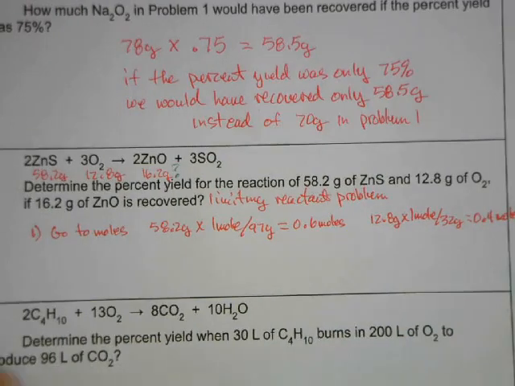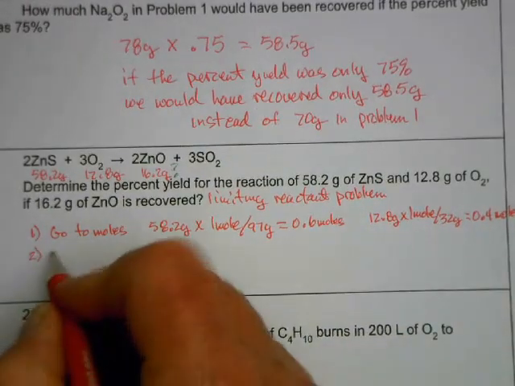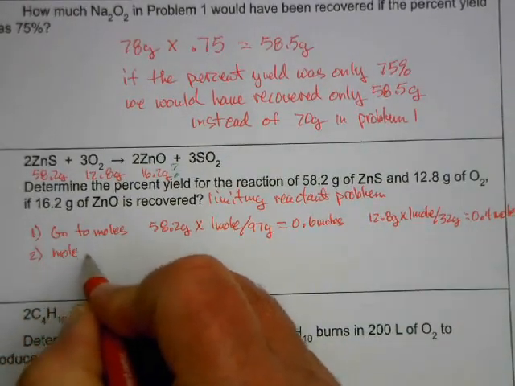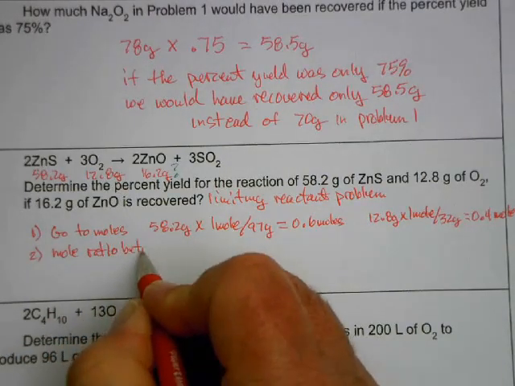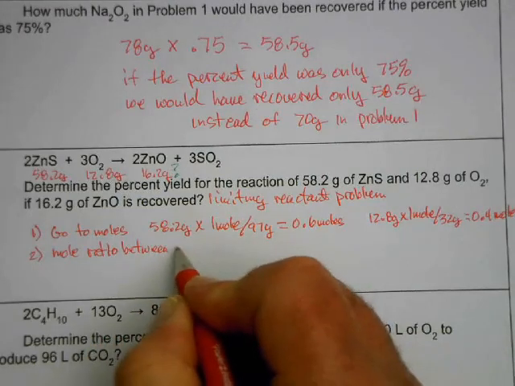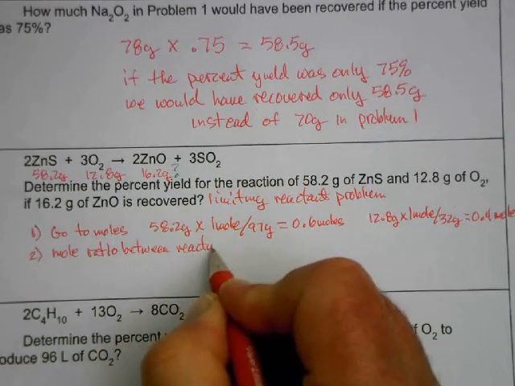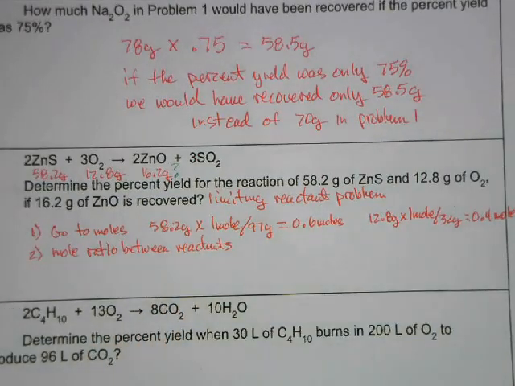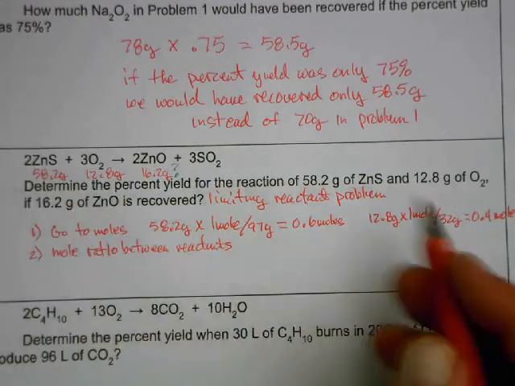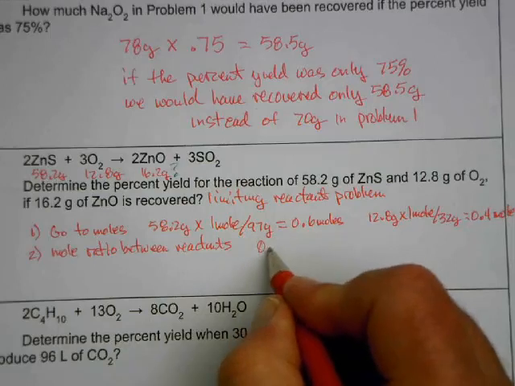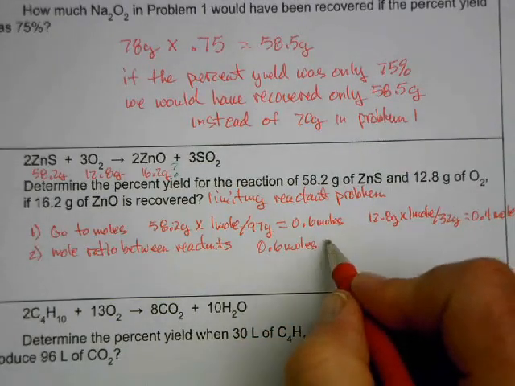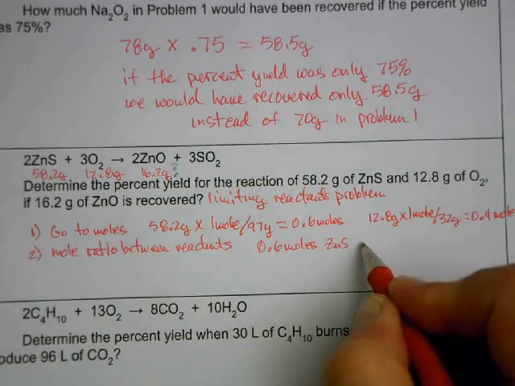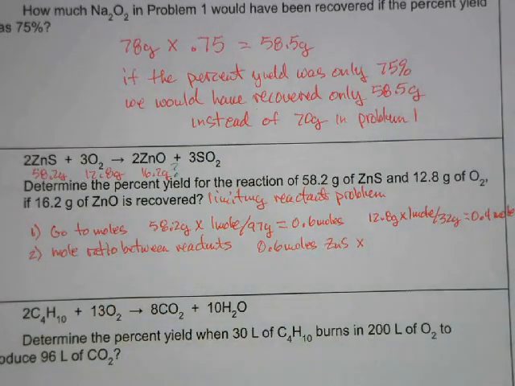Okay, now we want to do the mole ratio between reactants to see which one is limiting. So I can take the zinc sulfide, 0.6 moles of ZnS, times, here's the mole ratio I'm looking at.